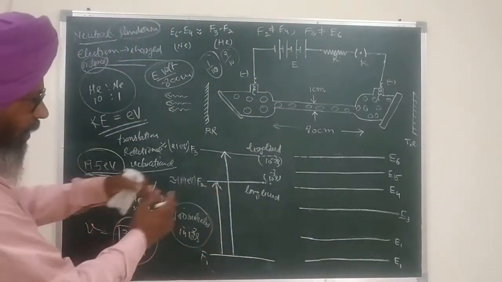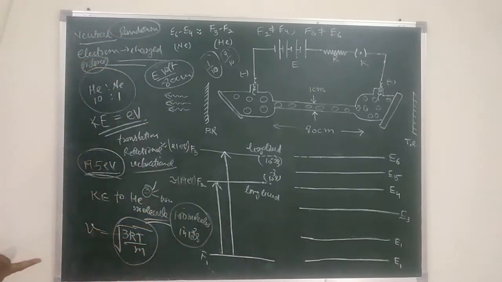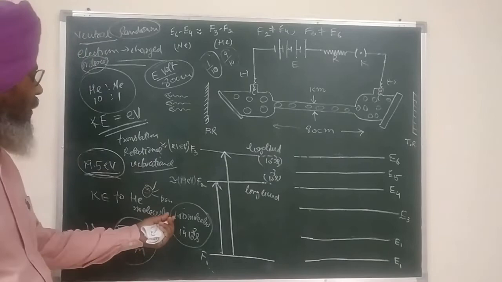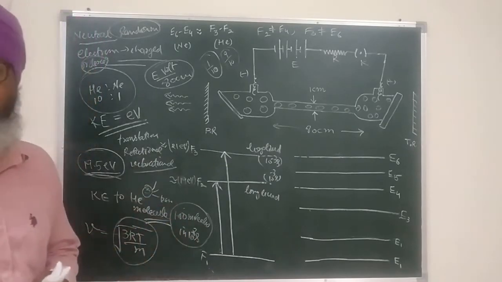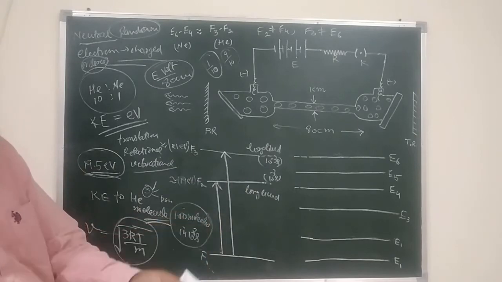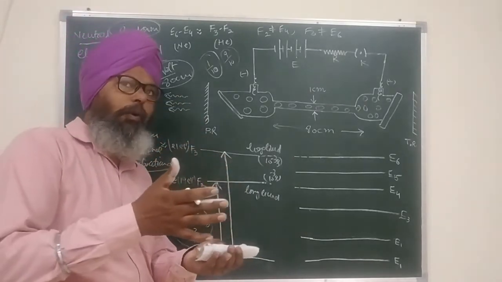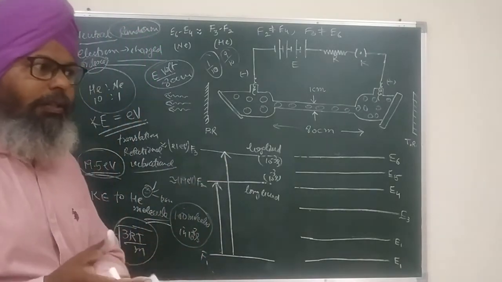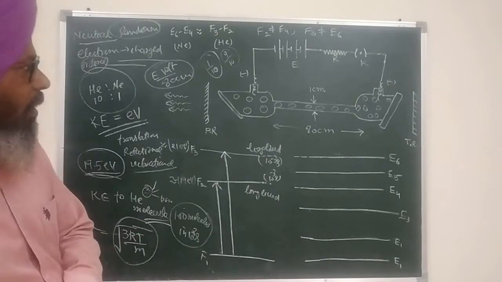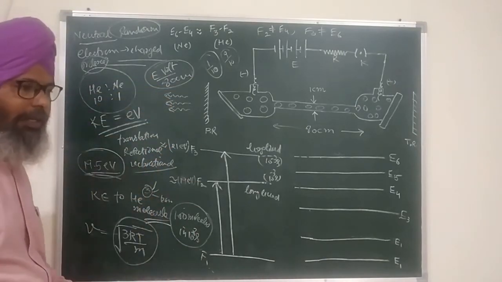If we do not use helium and simply use neon, because neon is going to give the laser action, then what happens if I excite 100 molecules in 10 raised to power minus 8 seconds? In the next 10 raised to power minus 8 seconds, our pump will excite 100 more molecules of neon. But since 10 raised to power minus 8 seconds have already elapsed, the first 100 molecules would have already de-excited.